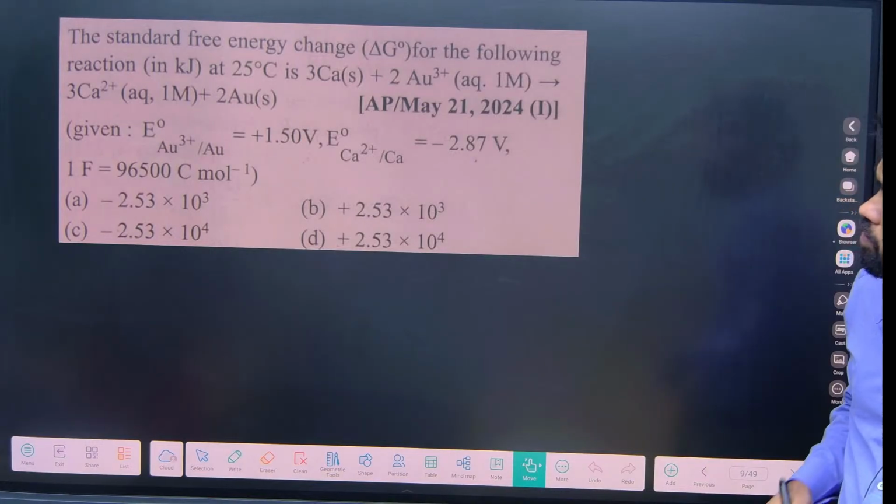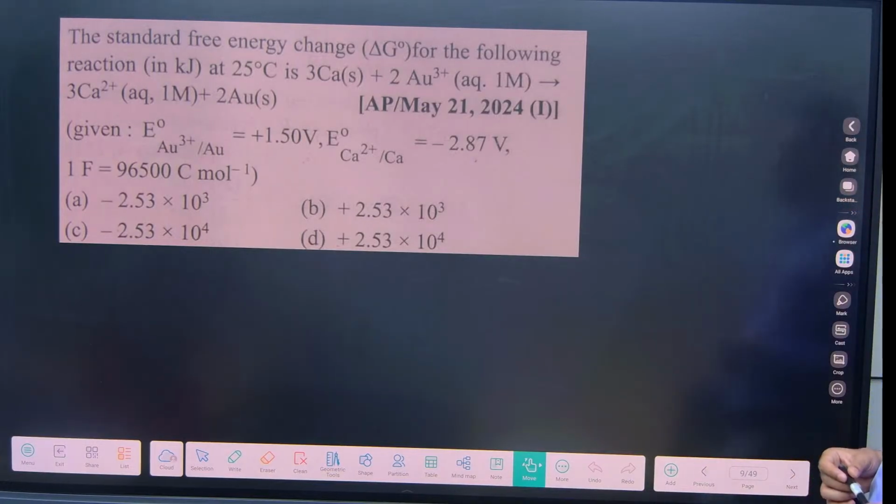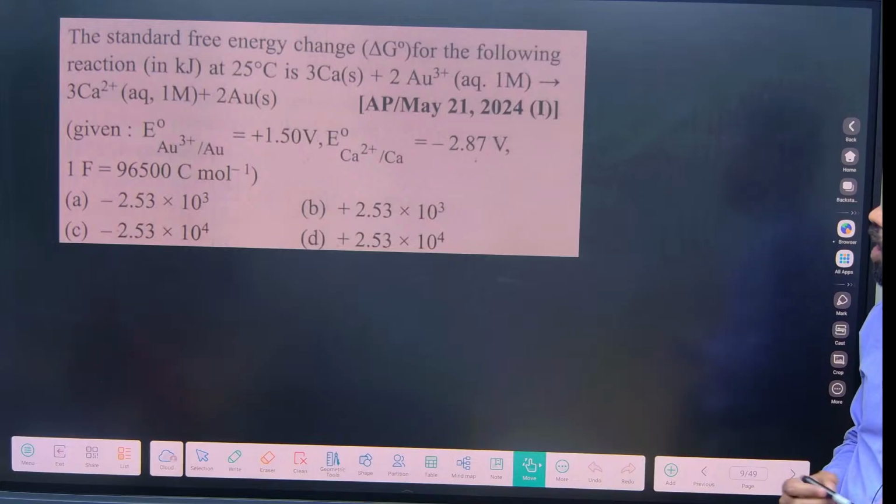The standard free energy change delta G naught for the following reaction is... So it means they are asking the Gibbs free energy change. How do we do that?